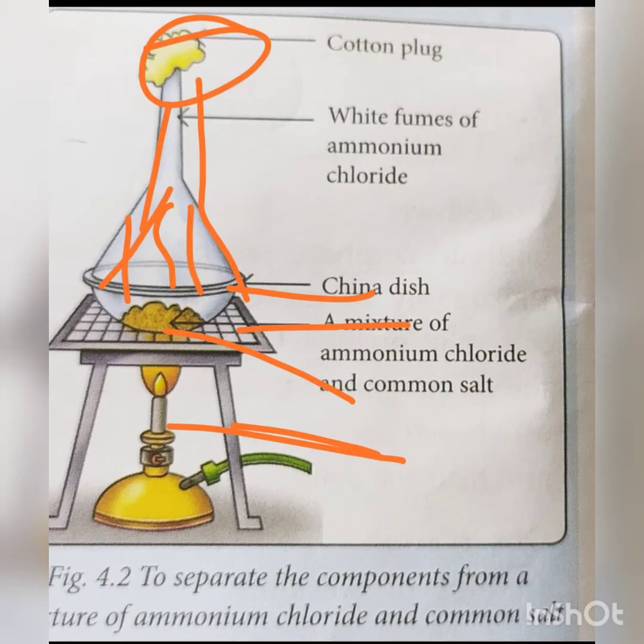On removing the funnel, we will observe that the fumes have changed back to pure ammonium chloride, which is deposited on the upper and cooler parts of the funnel as a white sublimate. The non-sublimate component, that is common salt, is left behind in the china dish. Thus, a mixture of common salt and ammonium chloride can be separated through sublimation.